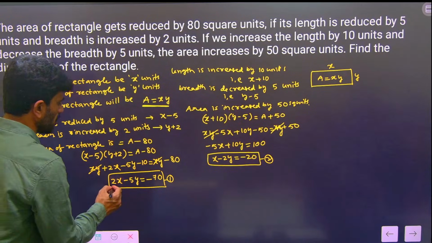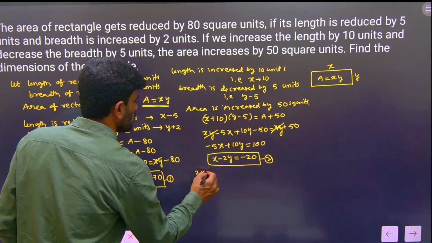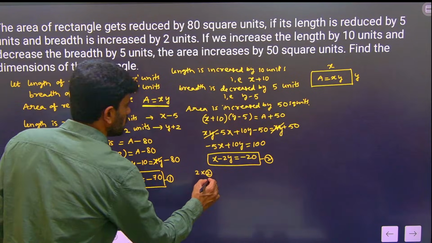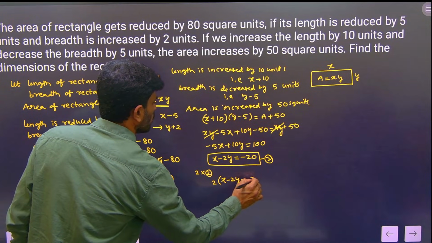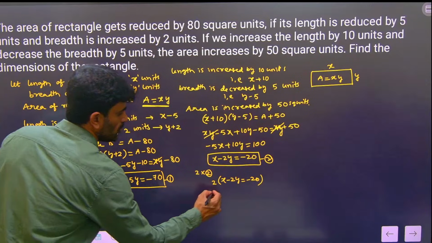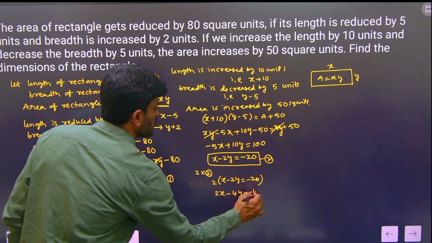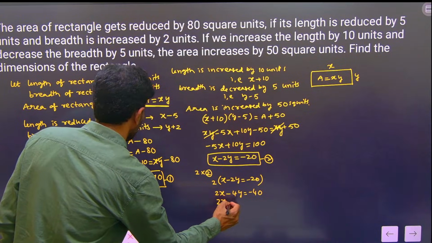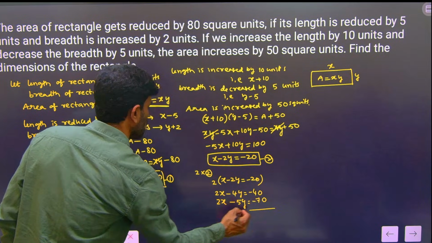Now let us multiply here. Already we have 2x, so I am multiplying equation 2 by 2. So 2 into equation 2 means 2x minus 4y is equal to minus 40. That is one equation, and the other equation is 2x minus 5y equals minus 70.